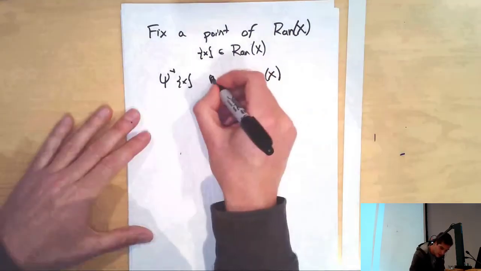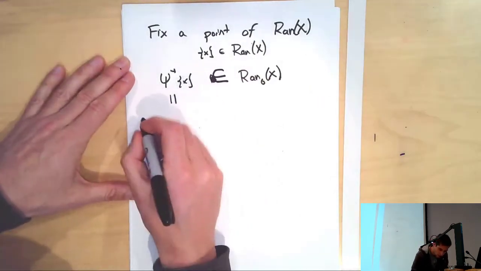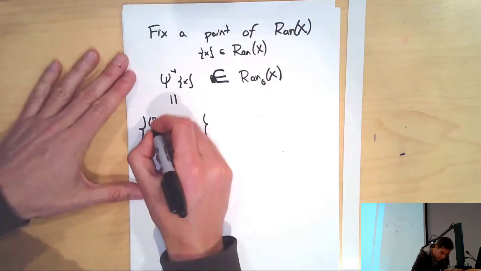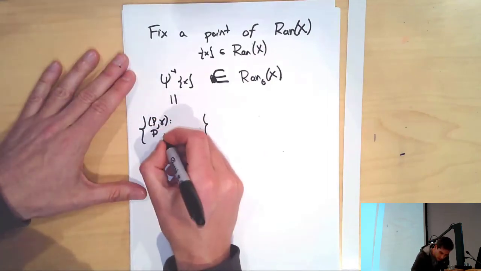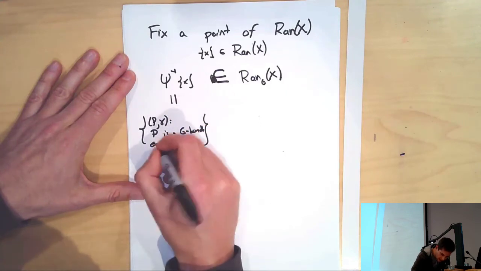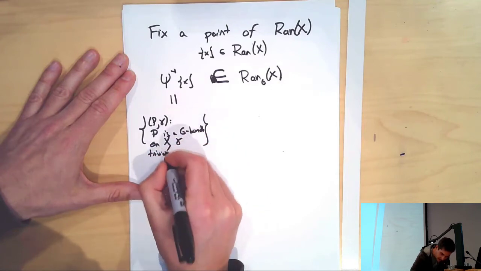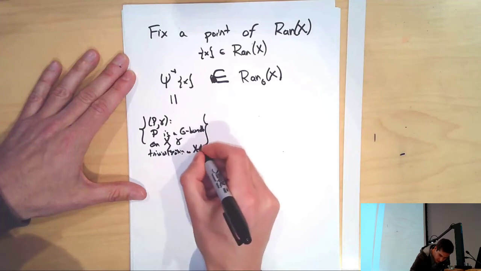Let me think of this inverse image as sitting inside Ran_G(X). I'll give an informal description of it. This is the collection of all pairs (P, gamma), where P is a G bundle on X, and gamma is a trivialization on the complement of this one point.